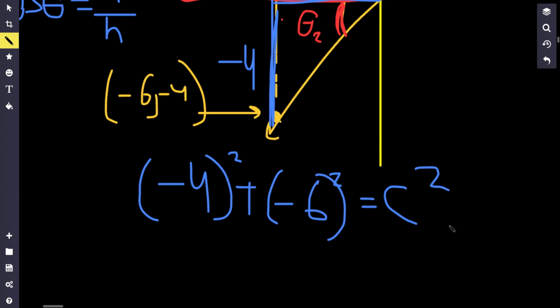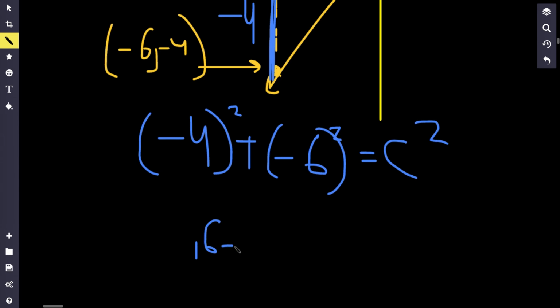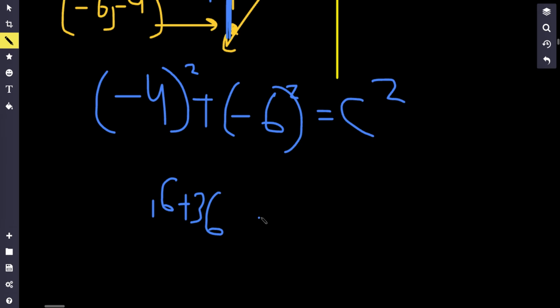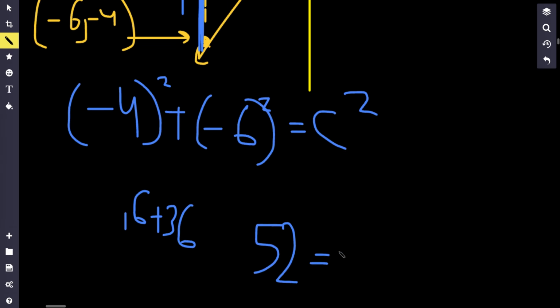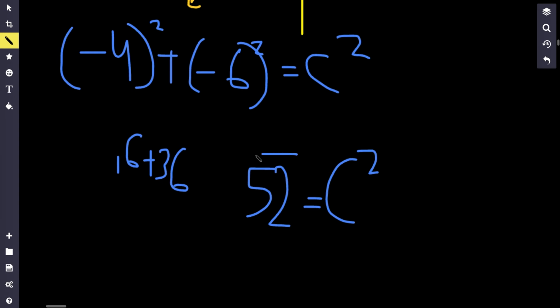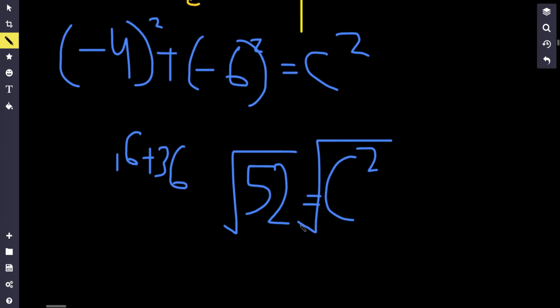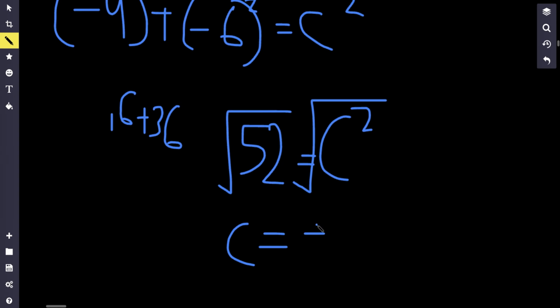So we're going to have 16 plus 36, which is 52. It's equal to c squared. We just square root both sides, and we get that c is equal to plus or minus the square root of 52. In this case, we're just going to stick with the positive answer, because it's a triangle.